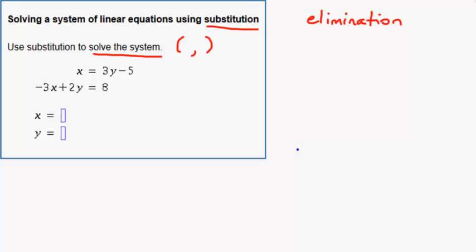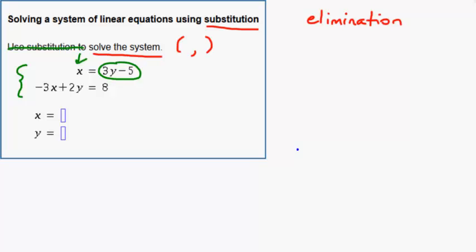But suppose it just asked you simply to solve the system. In this case, when you look at a problem like this, you should see that it would be easiest to use substitution, and as we do a few examples, you'll understand why. This equation right here is already solved for x, so it's telling you what x is equal to.